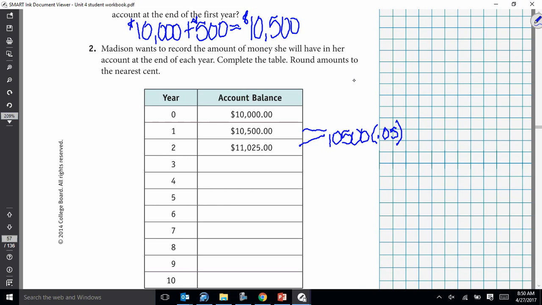And then how much do we get for that? $525. And so then we're going to add that to the 10,500, and so that's for that. So now to get year 3, we're going to take the previous year's amount and multiply it by 5%, and we're going to add it to what we have. So we're going to calculate the interest payment and then add that to our original amount.